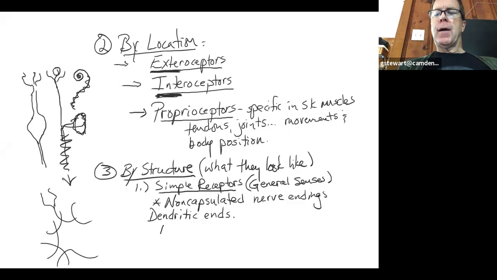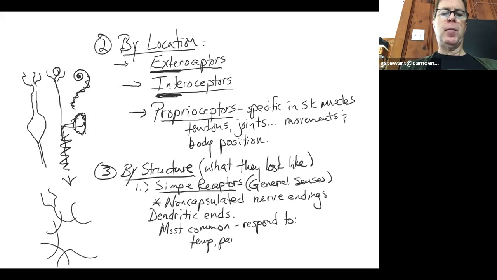These are the most common, most numerous, in the human body, and they respond to all sorts of things. Temperature, pain, some pressure. We have other deep pressure sensory receptors.